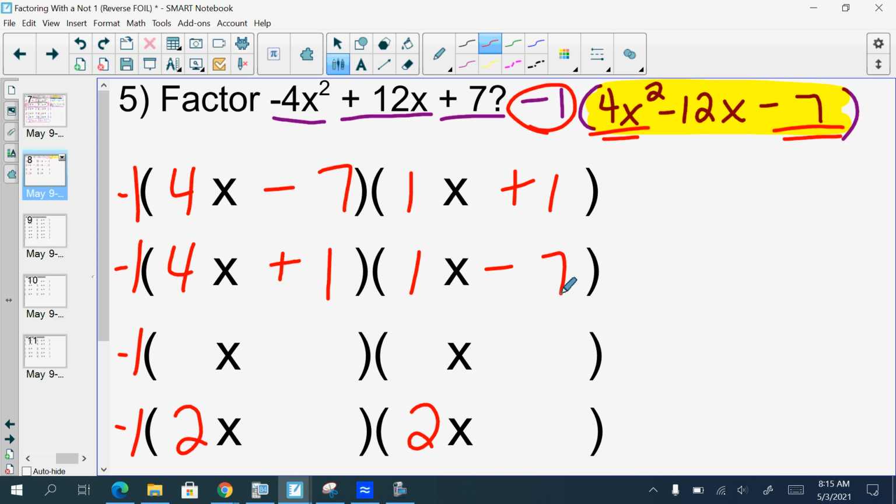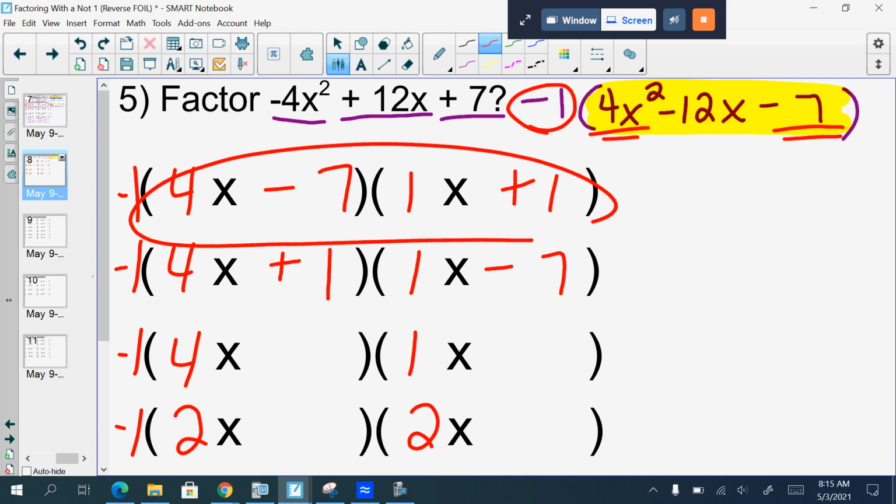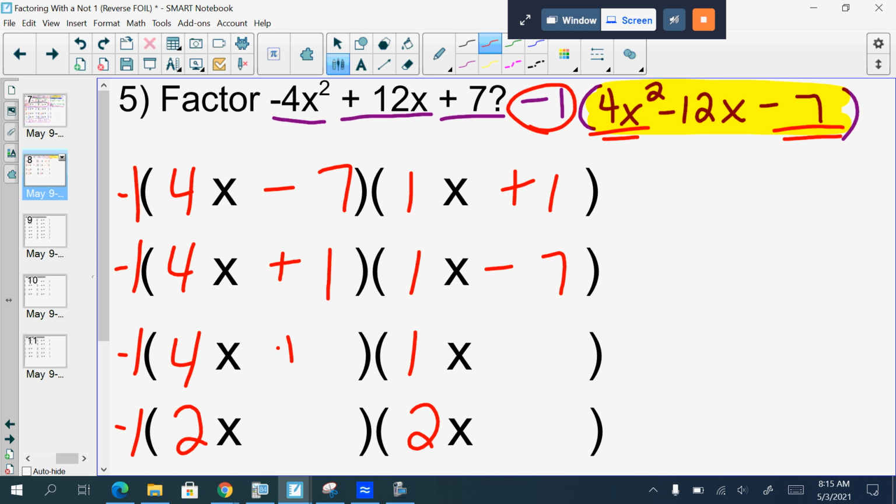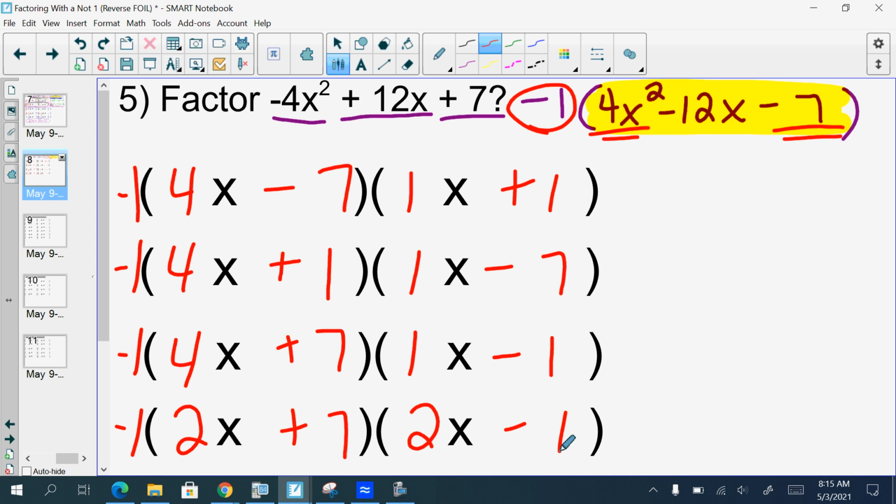Or maybe think about this. The signs are going to make a difference. Maybe it's this combination, except maybe it's positive 7 and negative 1, okay? Or maybe it's positive 7, negative 1, or negative 7, positive 1, okay? Like there's so many different combinations. So the ones that I've listed here are not even all the possible combinations.